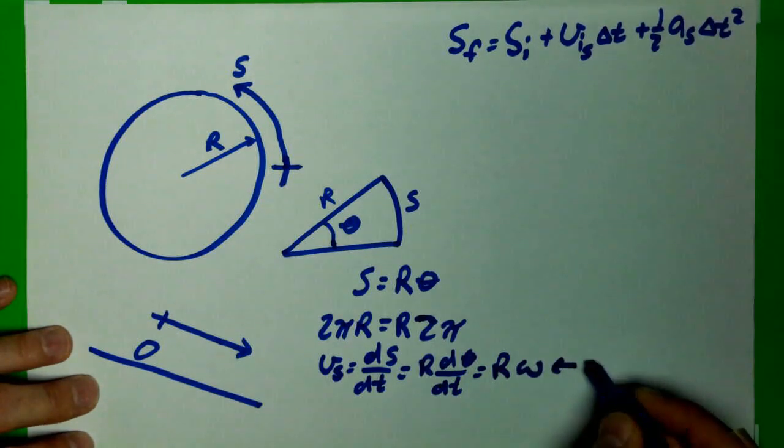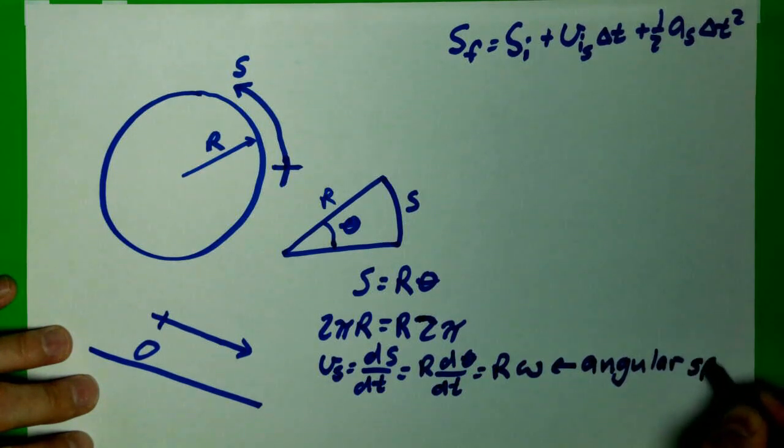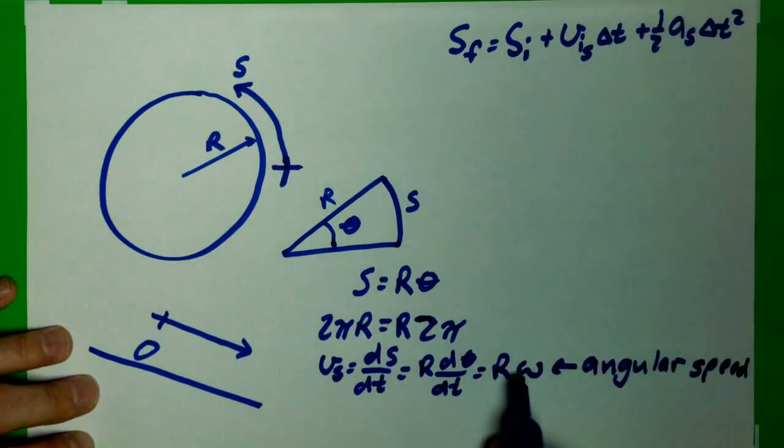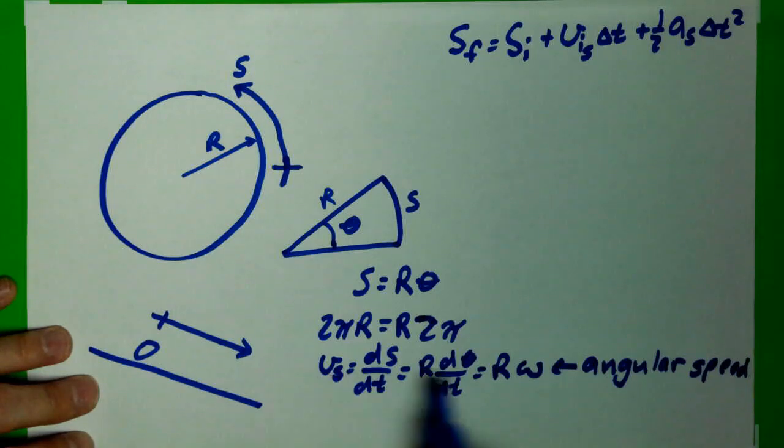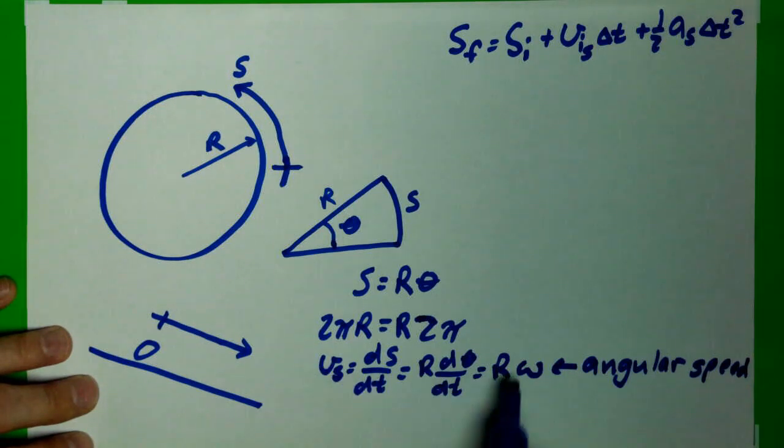We can see that it's related to velocity by the radius. So angular speed is the tangential or arc velocity divided by the radius.